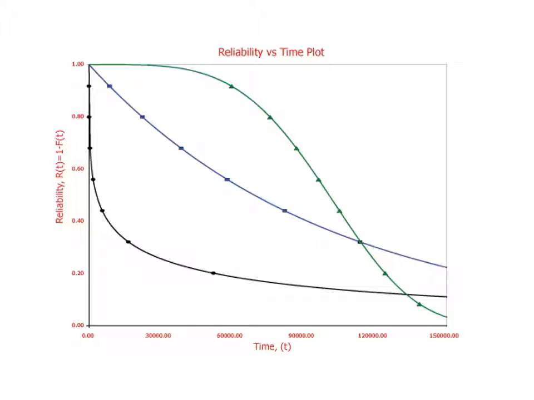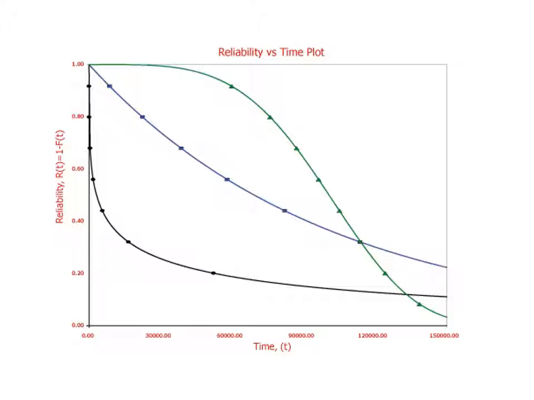And so what you can see is on the y-axis you have the probability that the system component will be operational past the value t on the x-axis.